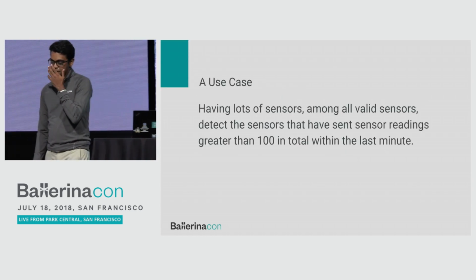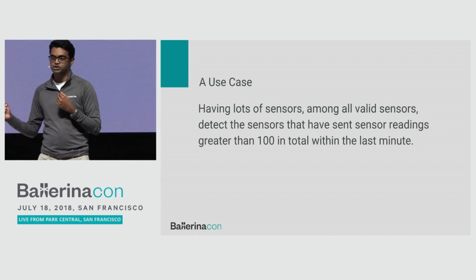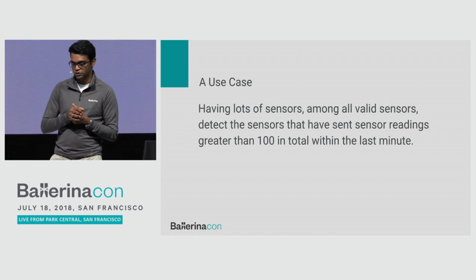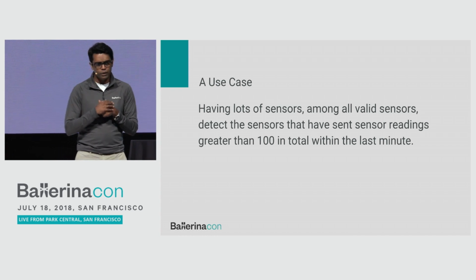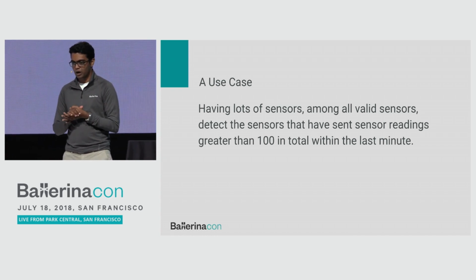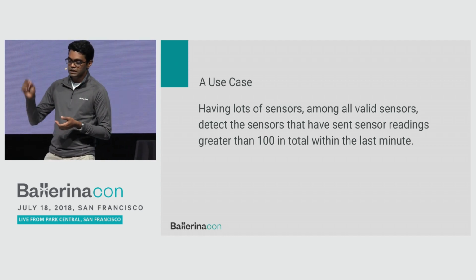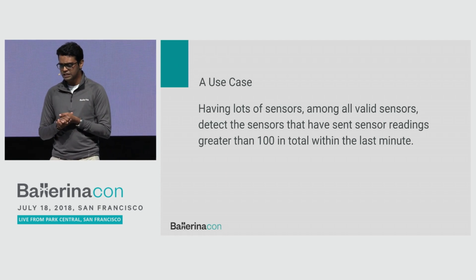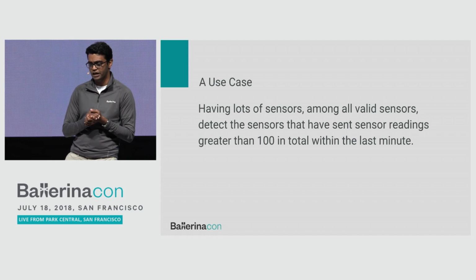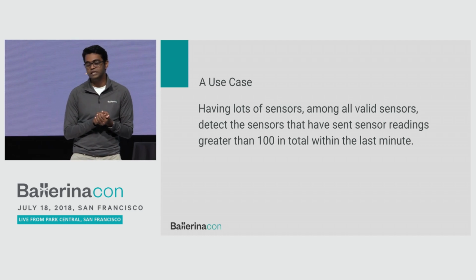So let's take a simple scenario, and I'll walk through how we can solve this in the stream processing world. You have a lot of sensors, and among the sensors you want to find the valid sensors, and then detect the sensors whose readings add up to more than 100 in total within the last minute.